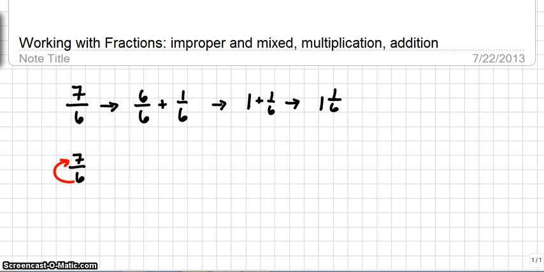You know that 6 goes into 7 one time, so that's going to be our big number out front. Any leftovers from doing that division are going to be the top number. So 6 goes into 7 one time, and then there's 1 left over that goes on the top, and then our bottom number stays the same. So let's try that with a few other practice questions.